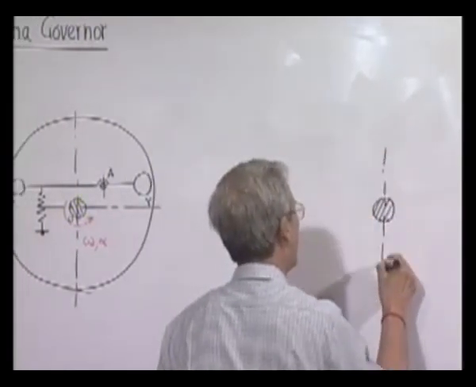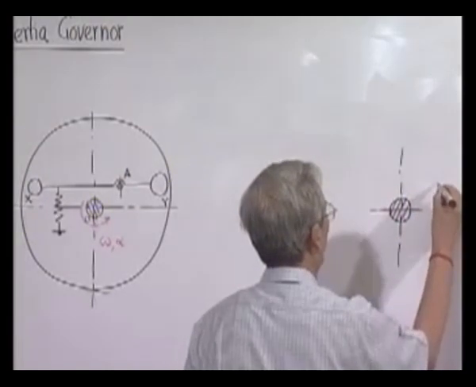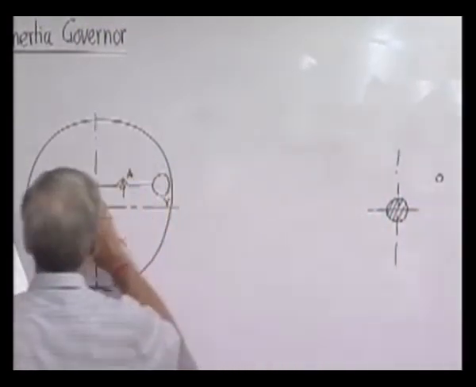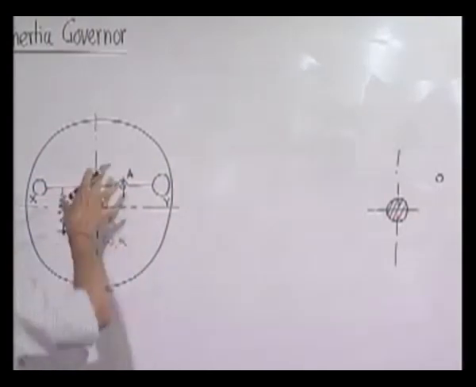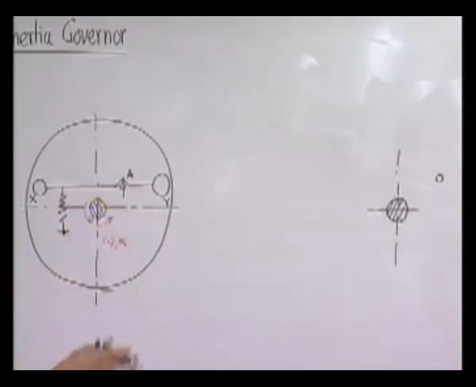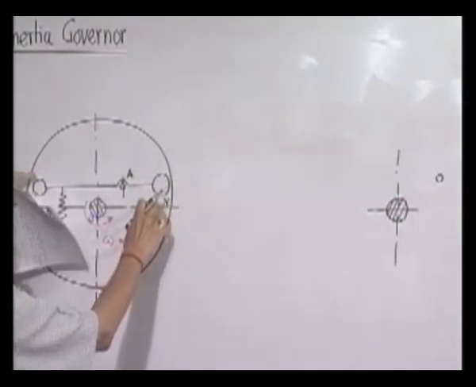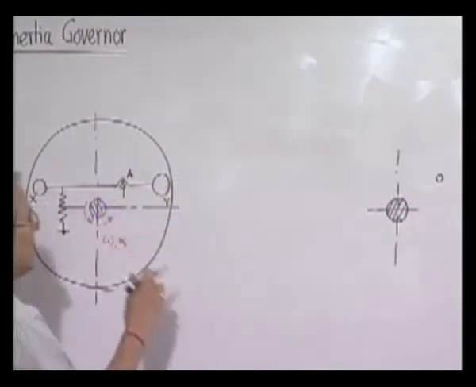I will not draw the whole thing, but if the whole system is subjected to an opposite inertia torque, then this bell crank lever will obviously rotate about this hinge point.